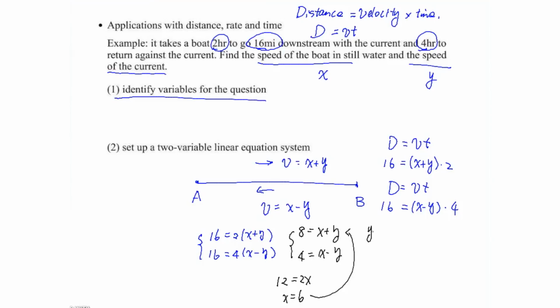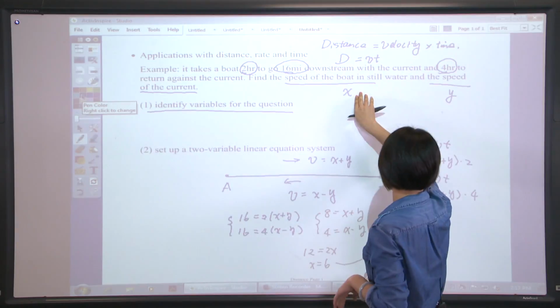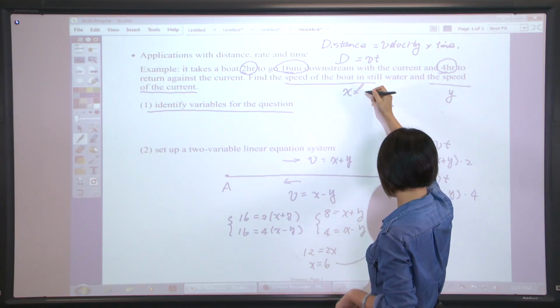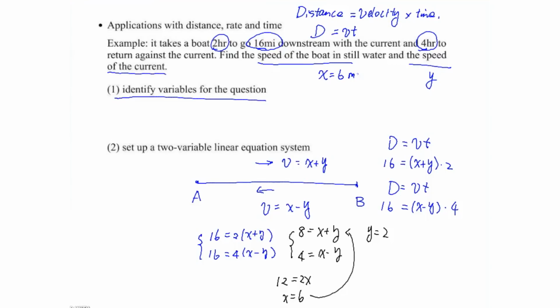It's easy to check y equals 2. So the final answer would be the speed of the boat in still water, which is x, equals 6 miles per hour. And the speed of the current, which is y, equals 2 miles per hour.